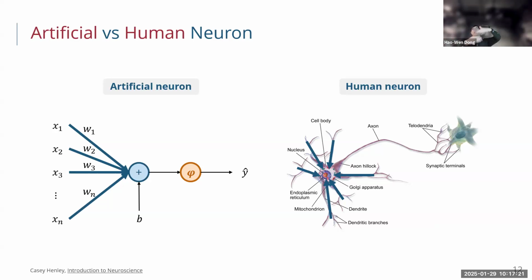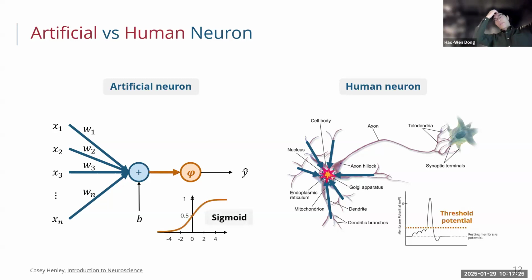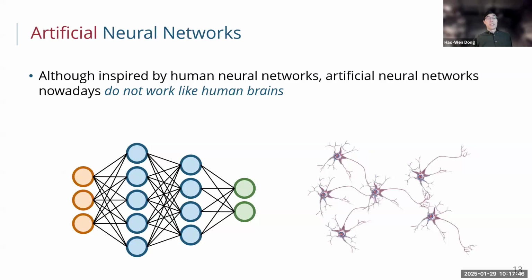You aggregate those electrical signals to see whether they pass a threshold. If it passes that threshold for a human neuron, you send an action potential. For an artificial neuron, we cannot do that 0-1 threshold, but we can do the sigmoid, which has the same idea. And then eventually you send something out. So that's how neurons work.